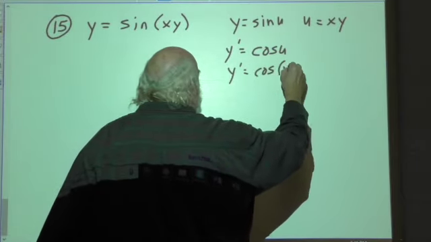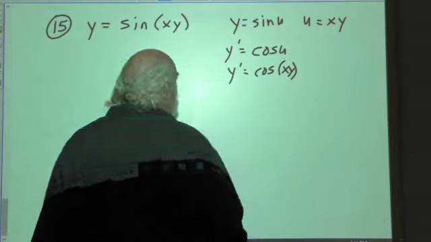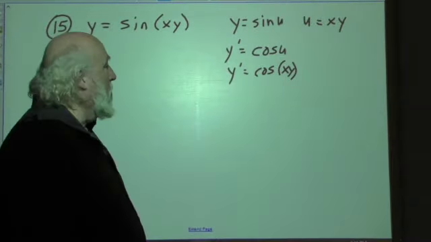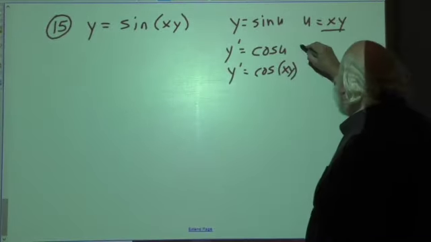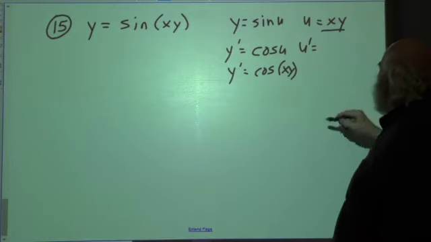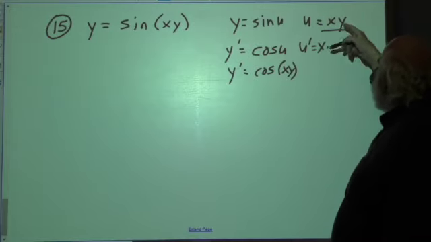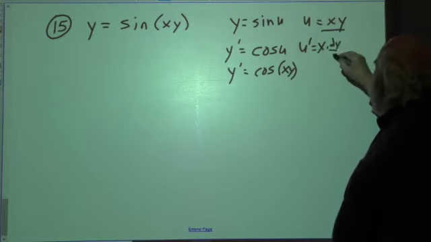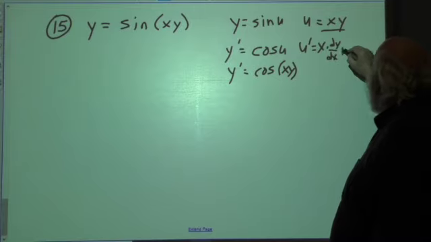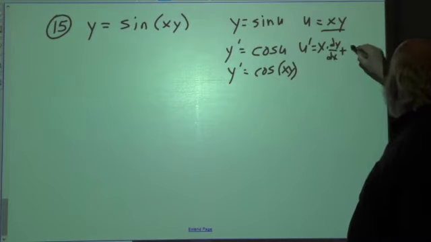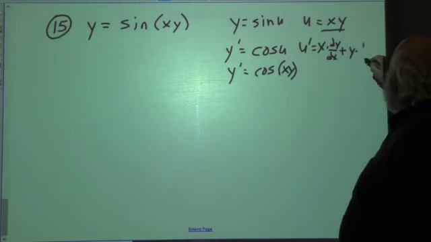cosine of xy. Now we come over here, and again, we've got the power rule here. We find the derivative of this. So this becomes x times the derivative of y with respect to x, plus, because they're multiplying, y times the derivative of x, which is 1.